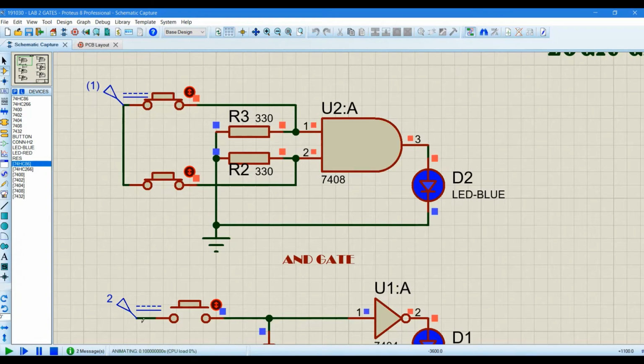Here, as shown in a simulation, when both the switches are at on condition, the LED is on. Let's get the first switch off. So here, as shown, the LED is off.